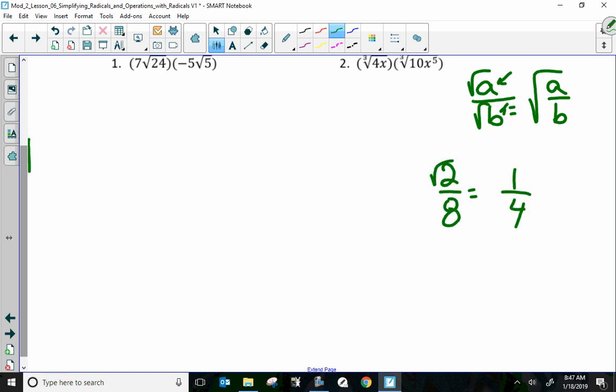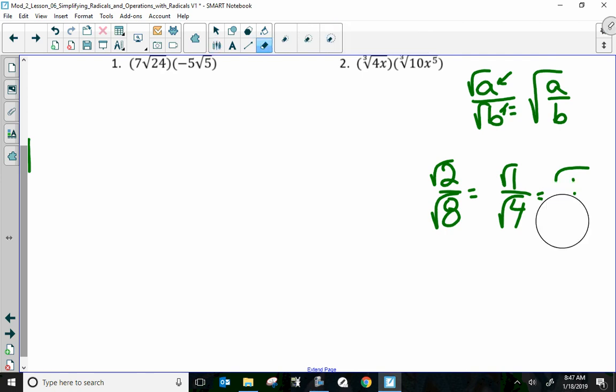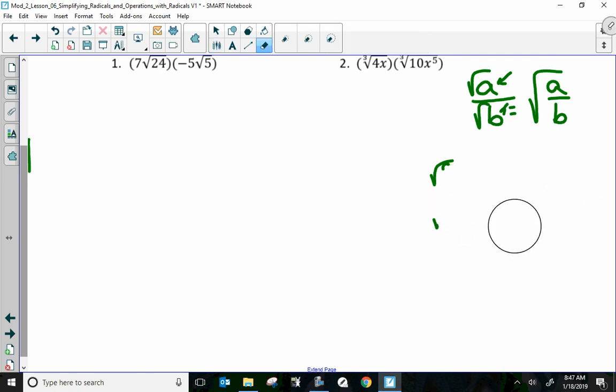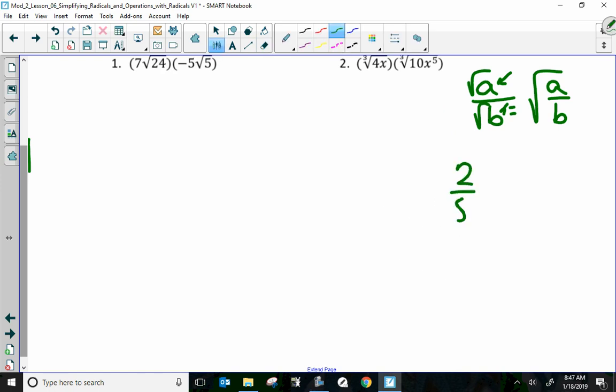So if I had radical 2 divided by radical 8, that's like radical 1 divided by radical 4. I could put it under one radical if I wanted to, it doesn't matter. But I'm going to stress this again, I can divide just like there are no radicals there. That equals 1/4.